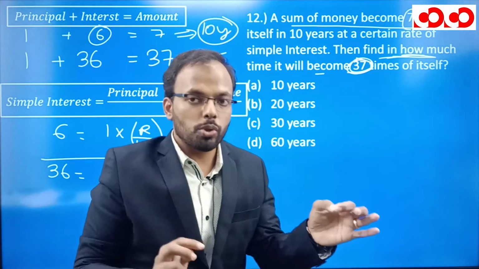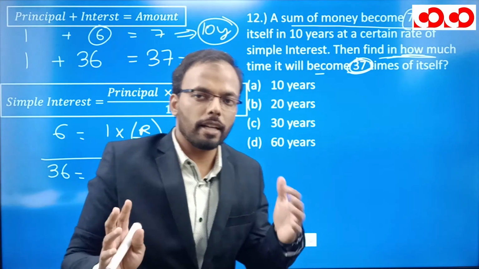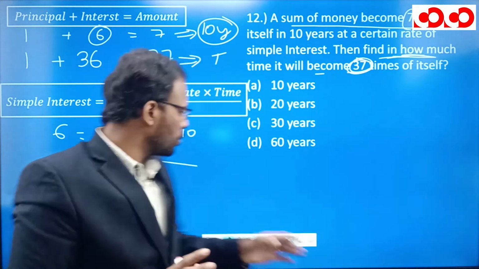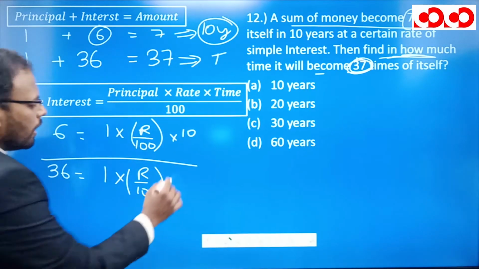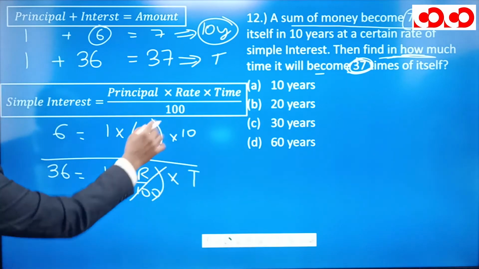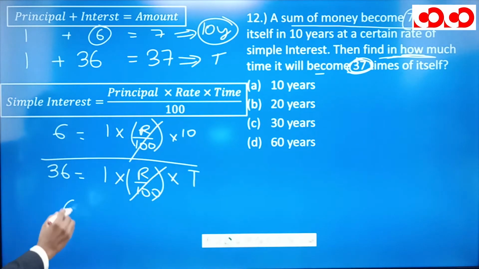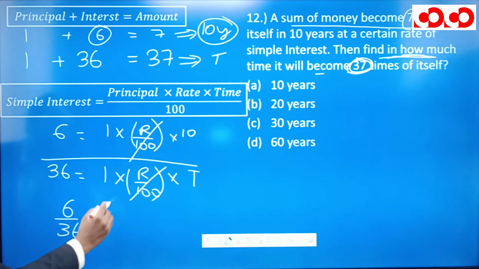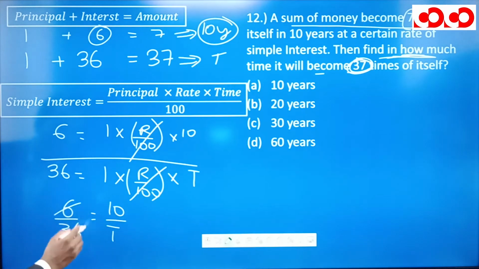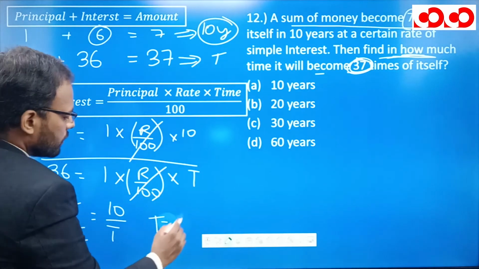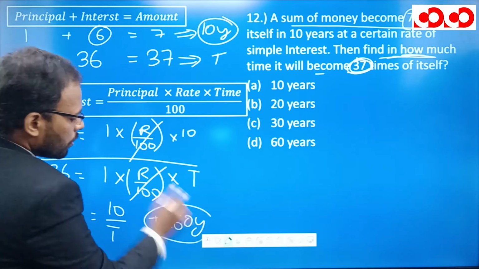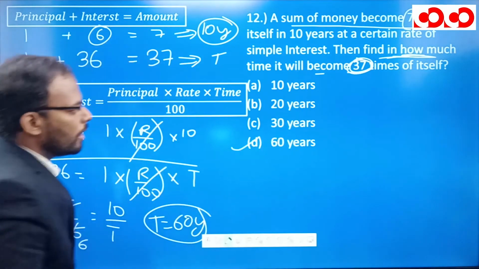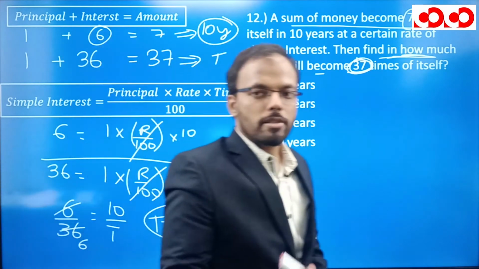So the rate is not changing. If it is not mentioned, we'll take the rate as same. So whatever rate was here, same rate is here, and the time is t. So r by 100 will get cancelled. If I divide it, 6 by 36 is equal to 10 by t. So this will become 6 times. So the time comes out to be 60 years. This is the way to solve it in simple interest.